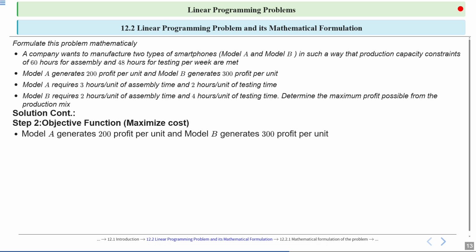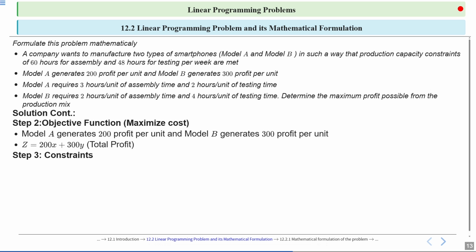Model A generates 200 profit per unit and model B generates 300 profit per unit. So the equation is z equals 200x plus 300y. This is our objective function that we have to maximize.